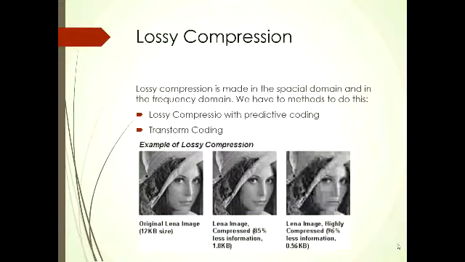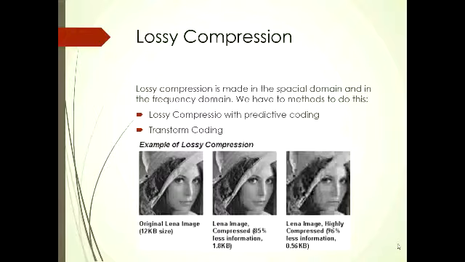As we can see here, we have two types of lossy compression. The first one is called lossy compression with predictive coding, and the second one is called transform coding. The lossy compression methods or algorithms make transformations in the spatial domain of the image and also the frequency domain of the image. In this example, we can see that the original size of the image is 12 kilobytes.